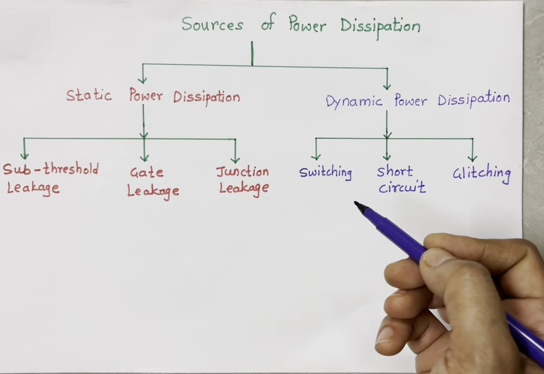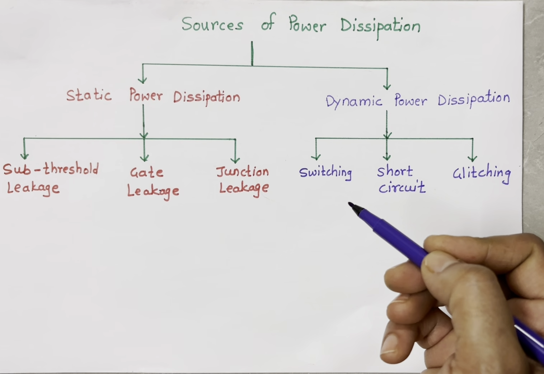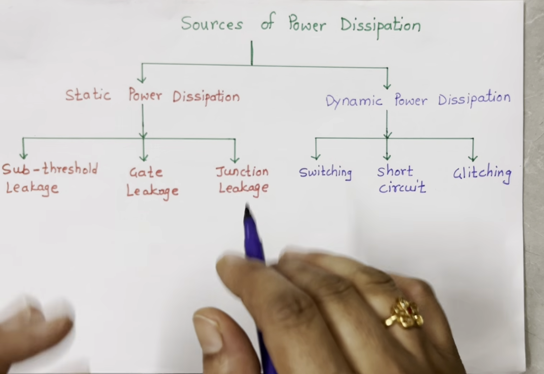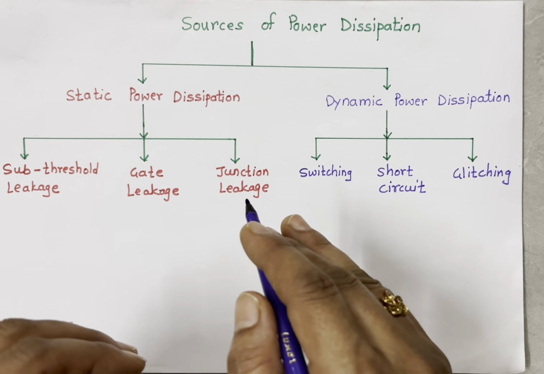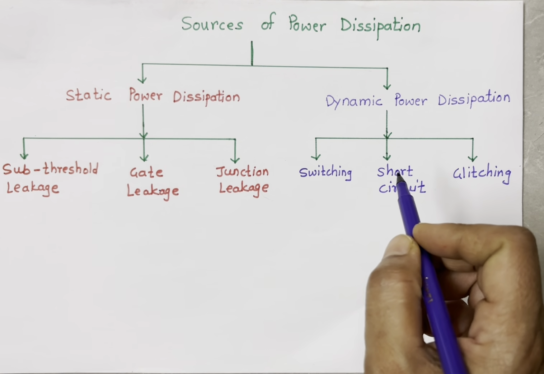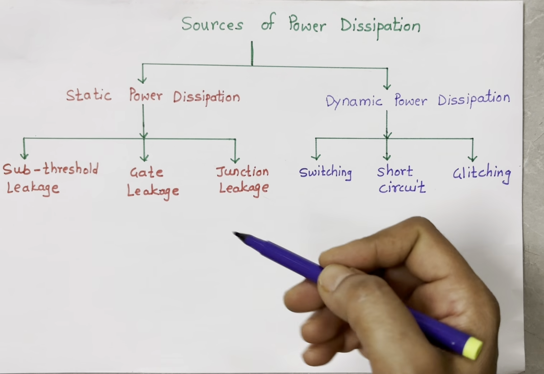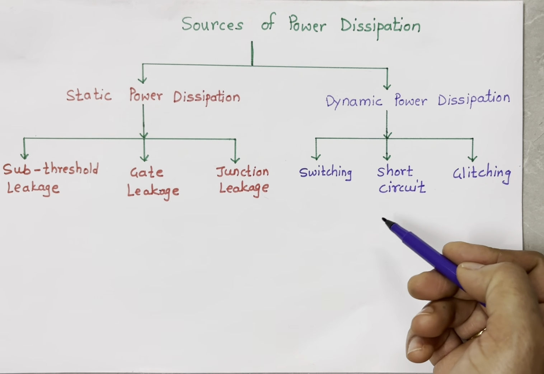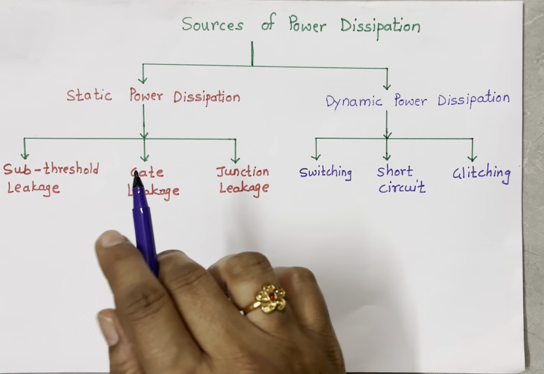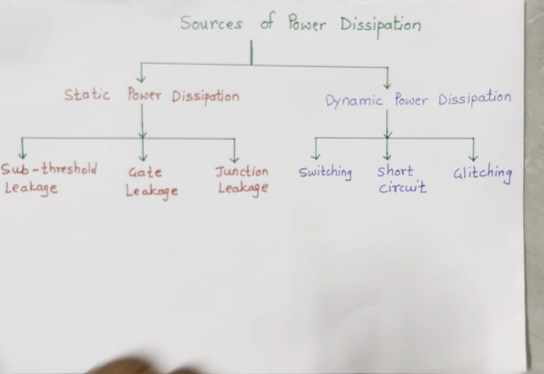And by optimizing capacitance, reducing load capacitance can minimize the energy required for switching. In this way, we can reduce dynamic power dissipation. Now, let's find out why switching power consumption is there, how short circuit power will get consumed. Let's discuss different power dissipations in detail.